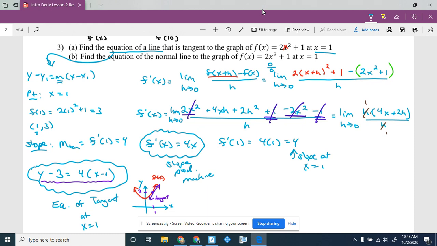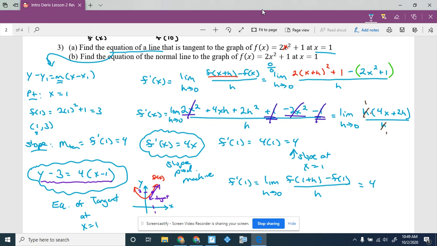So f prime of 1 is the limit as h goes to 0 of f of 1 plus h minus f of 1 all over h. You could have done it that way too, and you just end up getting 4 when you simplify it. Understand that it can be done that way, but this is more efficient.